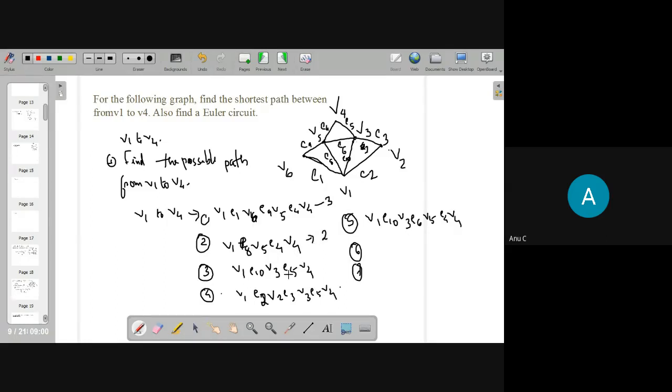And third one? 2. Okay. So then fourth one? 3. And fifth one? 4. Then which one is shortest?